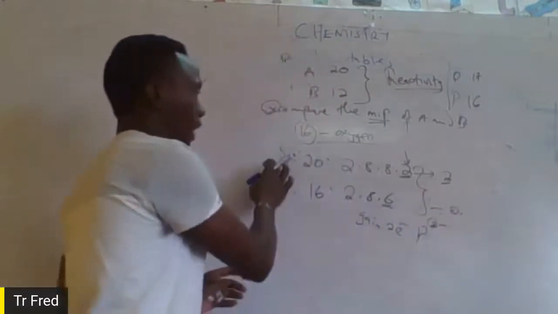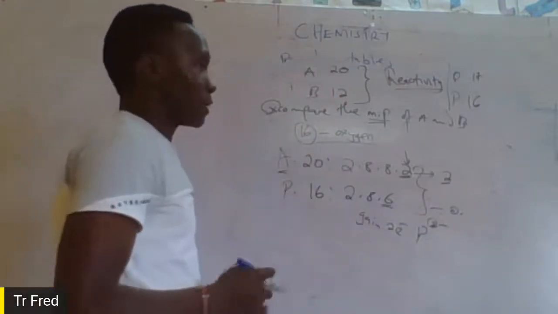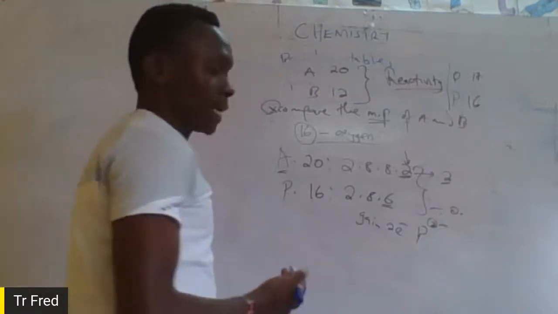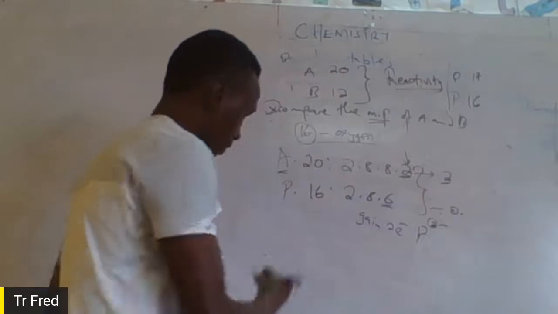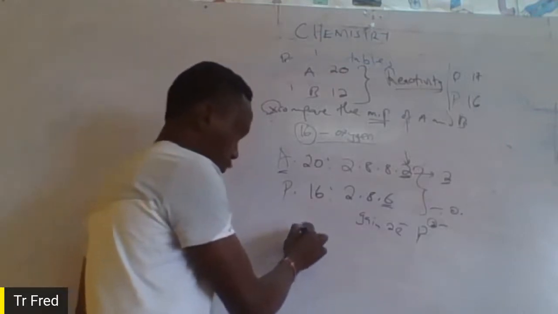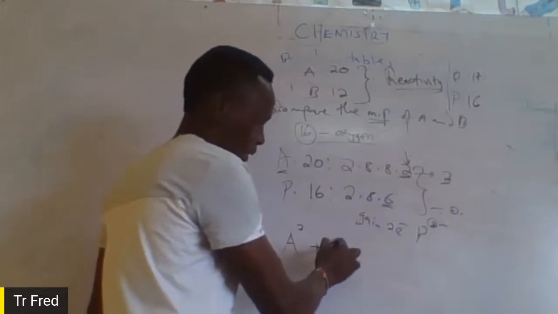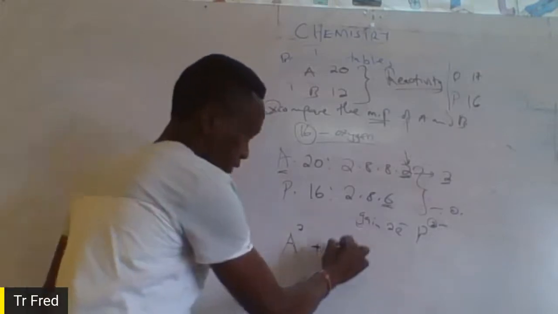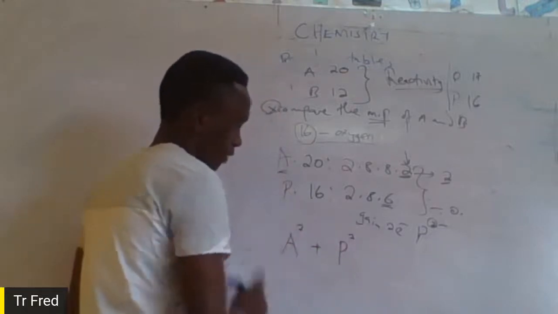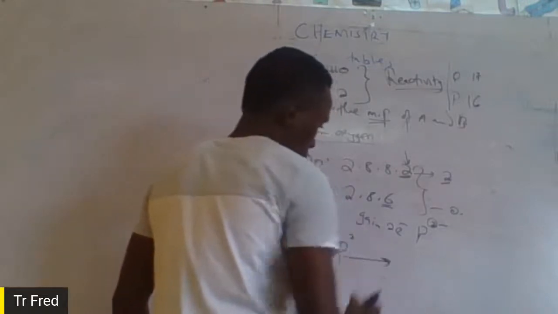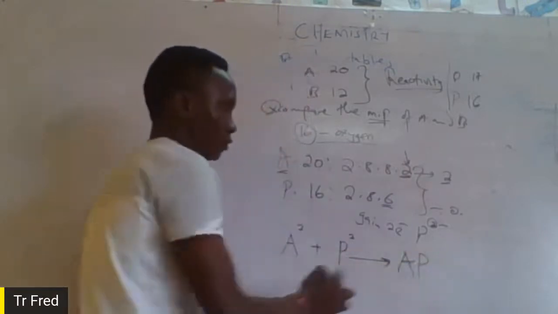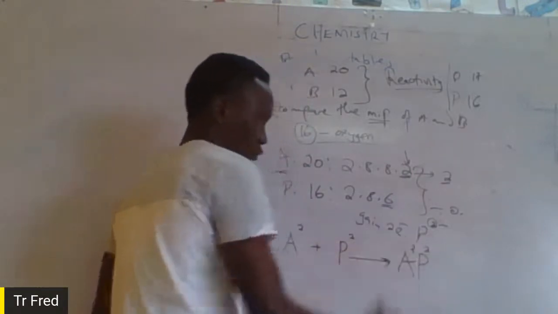Now, a reaction between A and P can result in a given compound, and that's what we are being asked to do. The first element is A, which is valence 2, reacting with element P, which is valence 2 also, even though we do not indicate the valences, so that we can get compound AP.